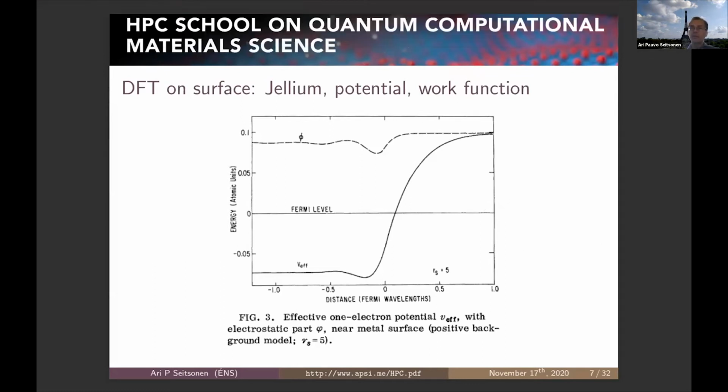It corresponds to the energy the electron has to gain to be able to escape the surface. So it has to go uphill in the potential. This is a quantity which relates the experiments and the outputs that we can get from DFT.